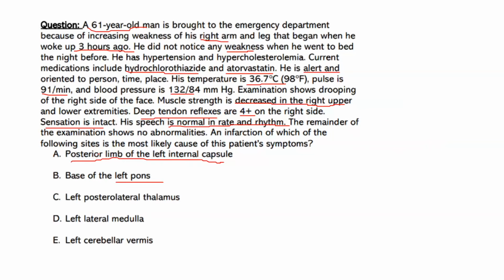Damage to the left pons is going to result in drooping of the ipsilateral side of the face, which is why that's not the case here. Similarly, the lateral medulla is going to have a different presentation for the drooping of the side of the face.